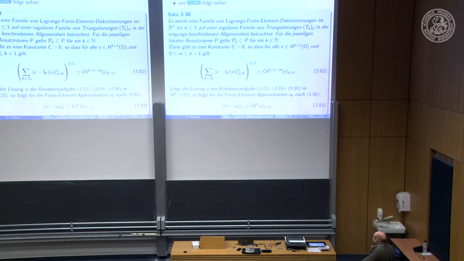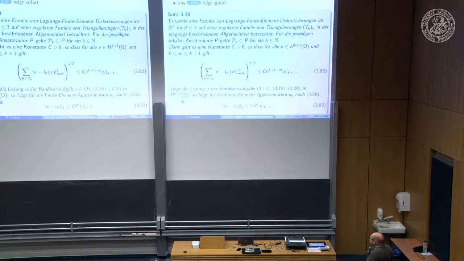We can estimate this error under several assumptions. What are the assumptions? First of all, we only look at spatial dimensions up to 3. And furthermore, we assume that our exact solution is in H^(k+1), k a natural number.